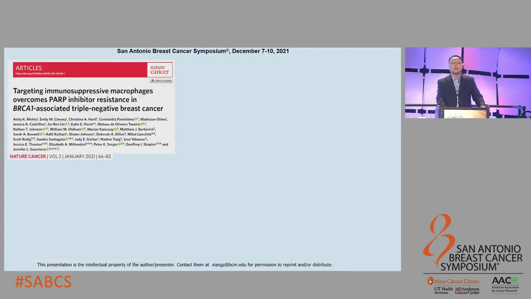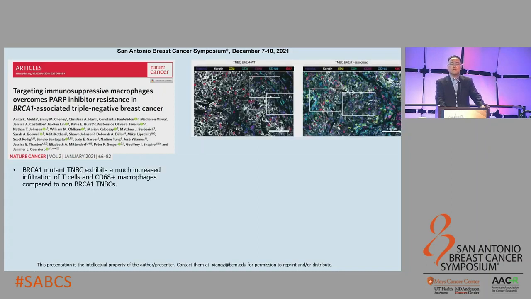The third paper in this section is done by Dr. Jennifer Garber's lab. They focus on BRCA1-associated tumors, and they show that BRCA1-associated triple-negative breast cancer has increased infiltration of T cells and macrophages at the beginning. And they respond to PARP inhibitor, but resistance can develop due to the accumulation of macrophages.